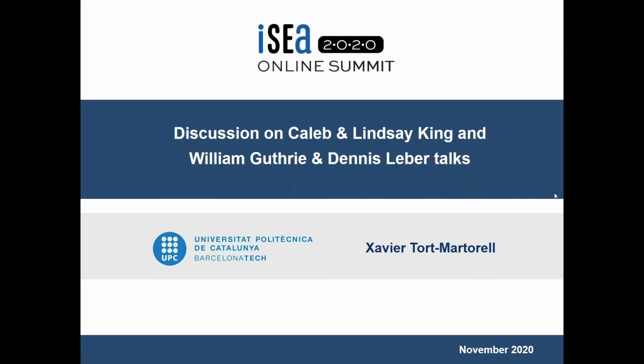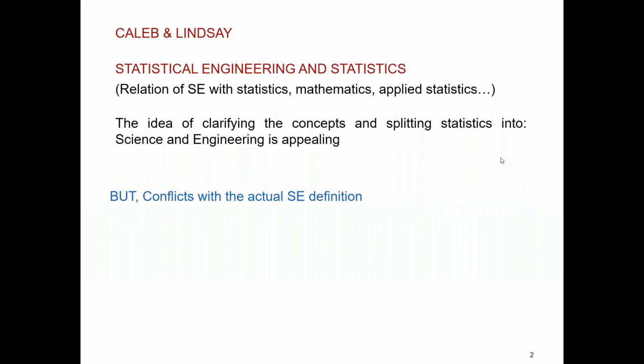Thank you very much, and good morning and good afternoon to Europeans. I'll try to be very brief and to really comment on what the speakers have said so far. So in the first talk, Caleb and Lindsay basically talked about two issues.